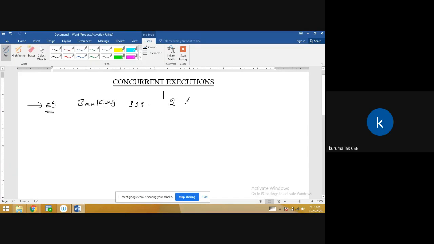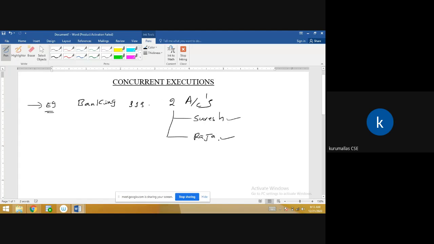One is my account, Suresh account, and another is my brother's account, Raja account. Remember, I am taking a banking transaction with two accounts: Suresh account and Raja account.